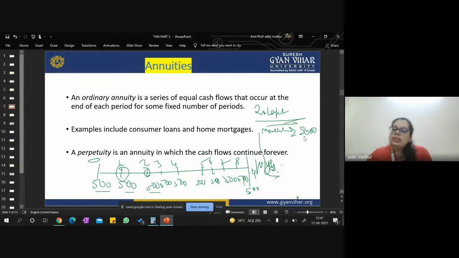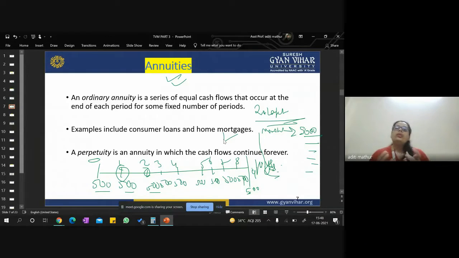This is an example of an annuity. Home loans are also given in the same way: you take a home loan amount and pay equal installments after every month, quarter, semi-annually, or annually, so that you can repay your home mortgage as well.